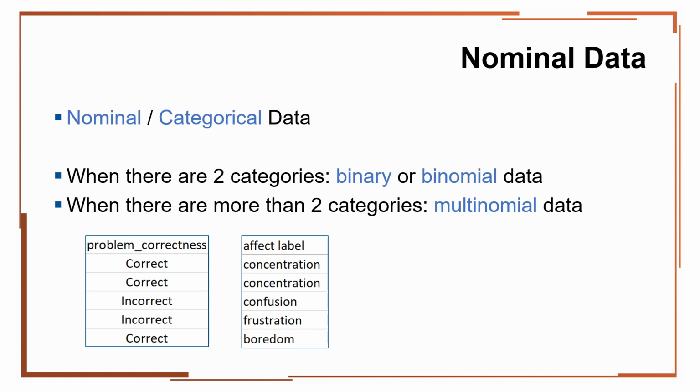The problem correctness feature here, for example, contains just two categories, correct and incorrect, and can be considered a binary or binomial feature. Categorical features that have more than two categories are sometimes considered multinomial, as with our affect label example here, where there are four possible values depicted. I will acknowledge that some binomial data could be considered to have some degree of ordering, but let's revisit this later.